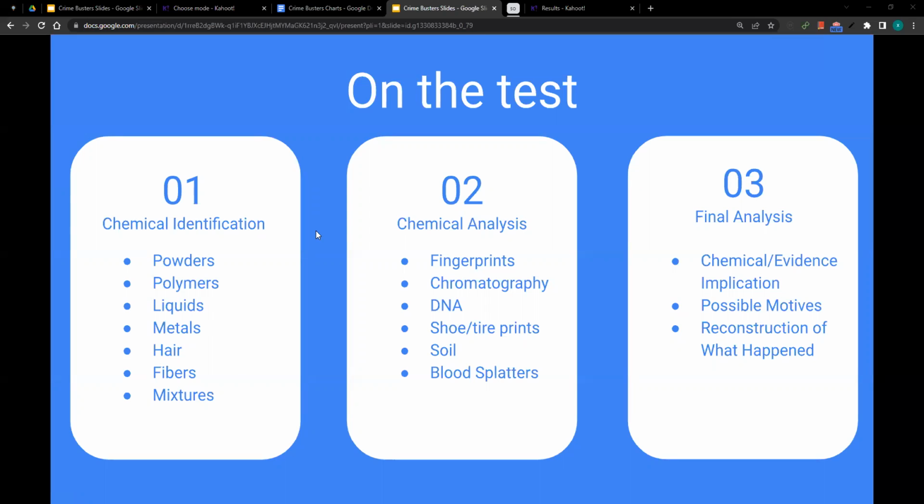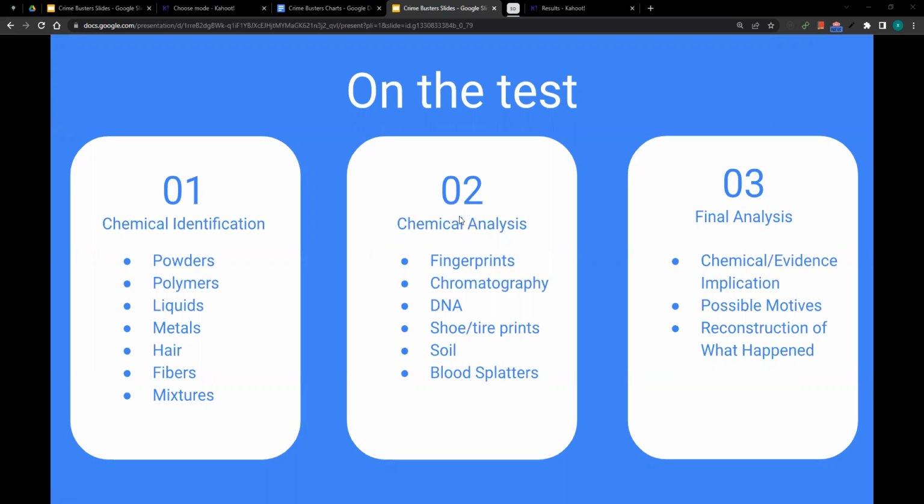Blood splatter is my favorite, but we won't be covering it. We also won't be covering soil and shoe and tire prints. The final part is called the final analysis, and that is where you do the chemical and evidence implication, you say the possible motives, and you do a crime scene reconstruction.